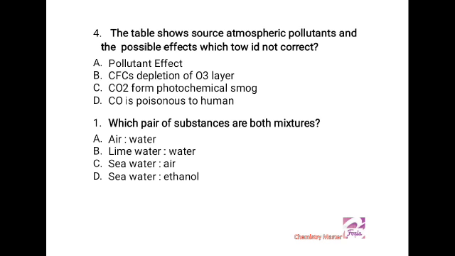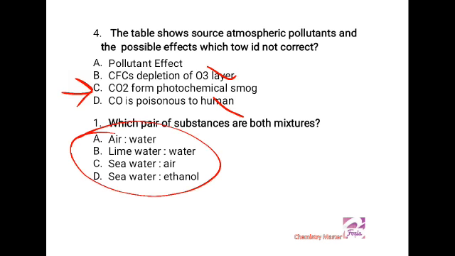Ozone is a protective layer above the earth in the stratosphere, which bounces back the harmful ultraviolet rays of the sun. And carbon dioxide forms photochemical smog. So you have to check this link, and carbon monoxide is poisonous to humans. So options D and B seem to be almost correct. What do you think for C? Yes, check it out. Which pair of substances are both mixtures? Again, the selection is yours.